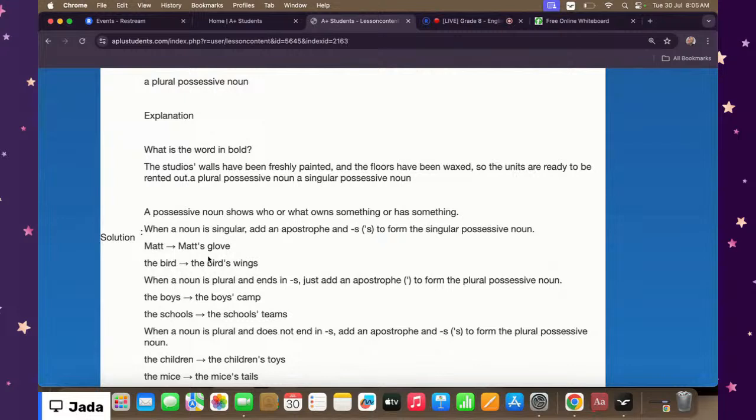That means the wings belong to the bird. So you add an apostrophe and you add an S to the bird's wings. You're trying to show that what is being talked about is the singular noun there. For example, Matt is a singular noun there, and then you need to add an apostrophe to make it singular possessive.